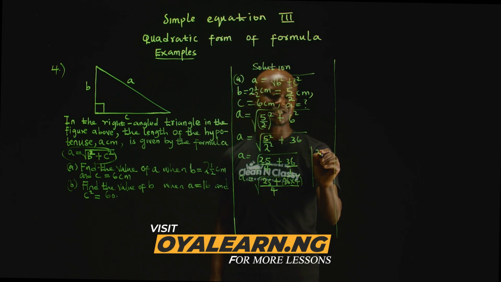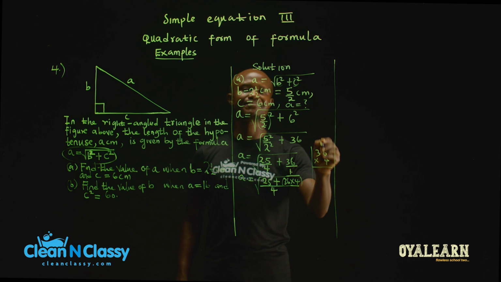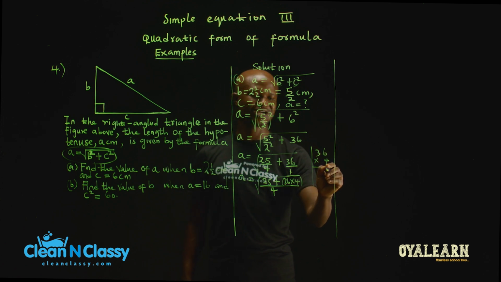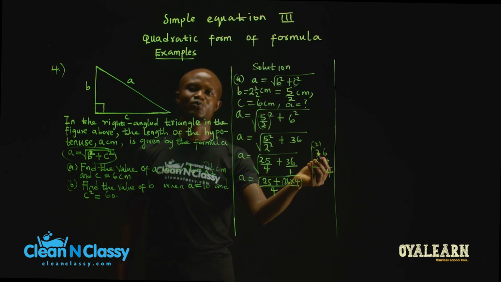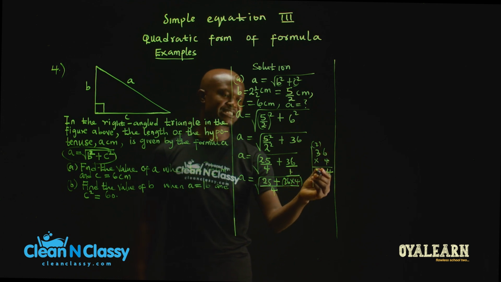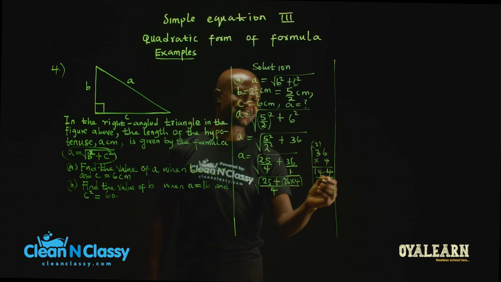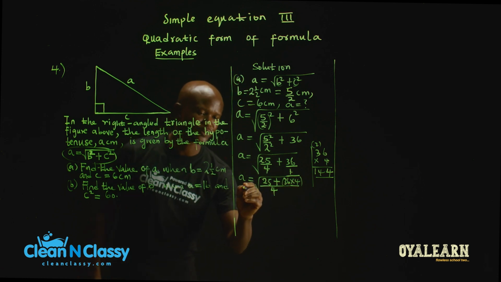What is 36 times 4? 4 times 6, that is what? 24. We write 4 and carry 2. Then 4 times 3, what do we have? 12. 12 plus 2, that is 14. So it means that 36 times 4 is 144.